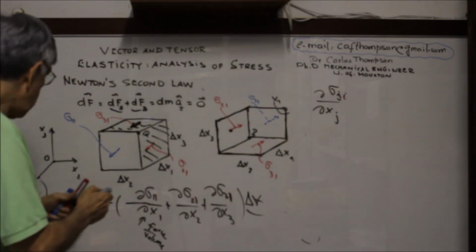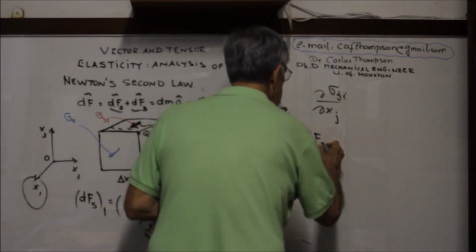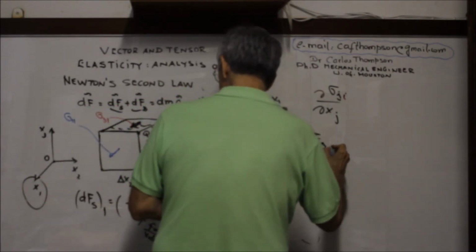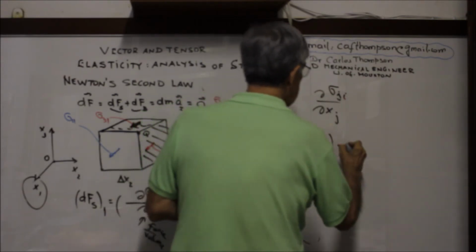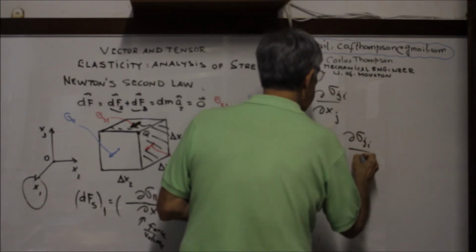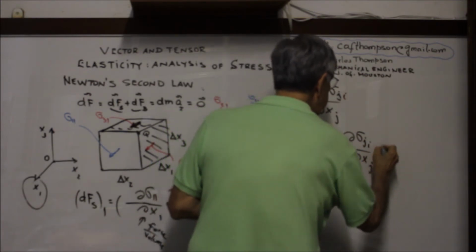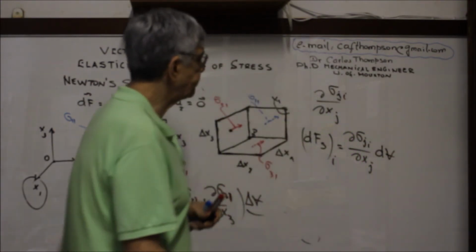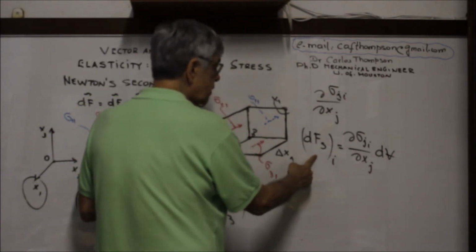So I can write that the surface force i will be partial of sigma ji with respect to xj, attention now, dv in the volume, because this is force.